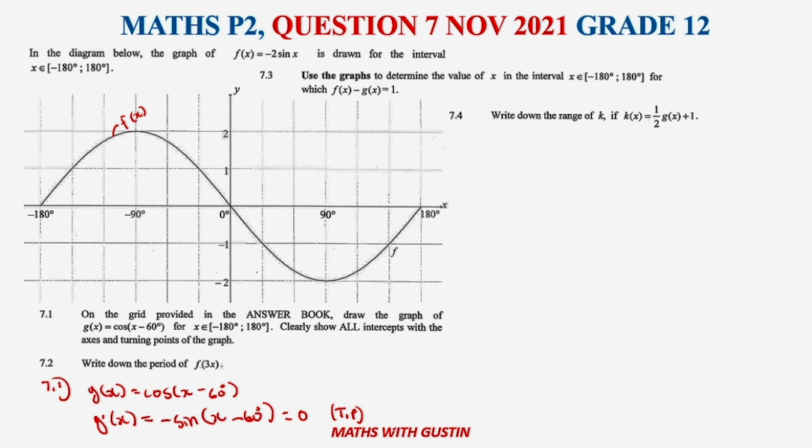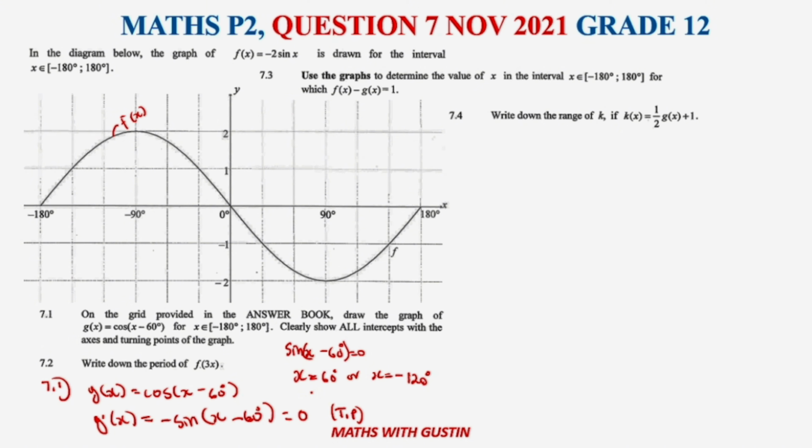So when we equate this to 0, we are going to have sin(x - 60) = 0. We need to solve for x on this one. When we solve for x, we get x equal to 60, or x equal to negative 120 rather.